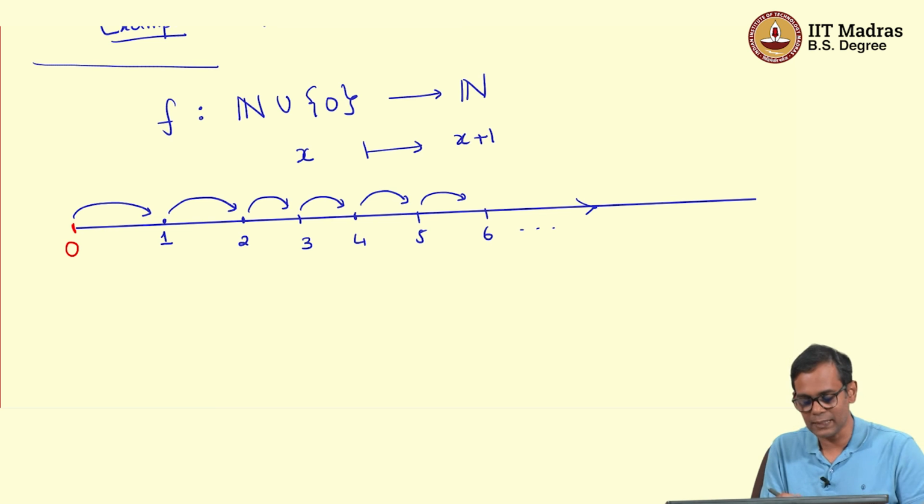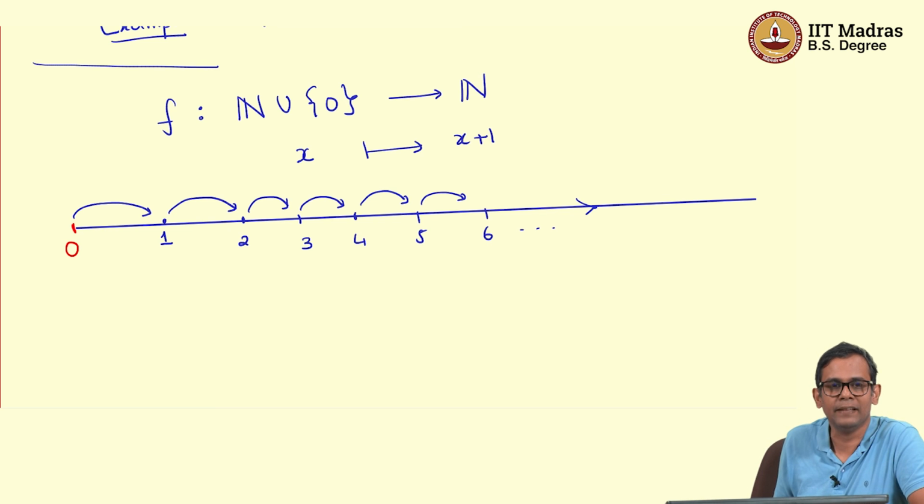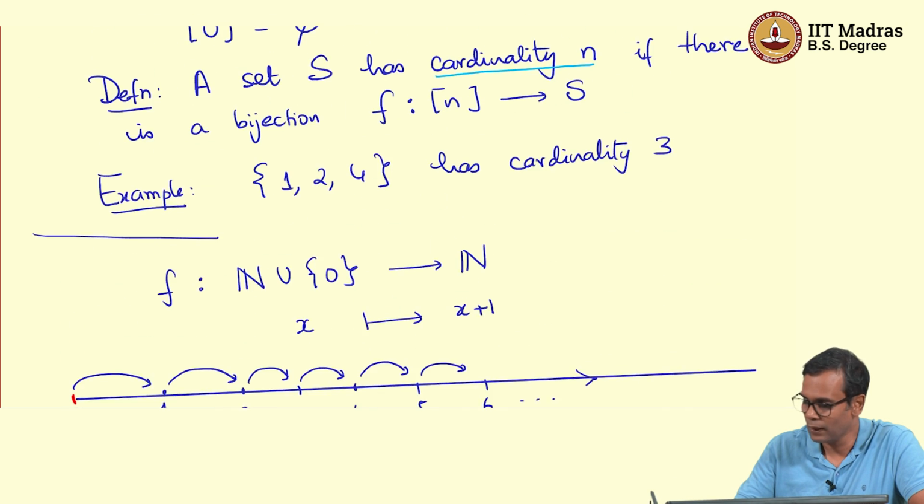So, what seems paradoxical here is that a set is in bijection with a proper subset. There is a bijection from a set to a proper subset. You do not see this with finite sets. The set 1, 2, 4 cannot be in bijection with any proper subset, because this has 3 elements and a proper subset would have less than 3 elements.